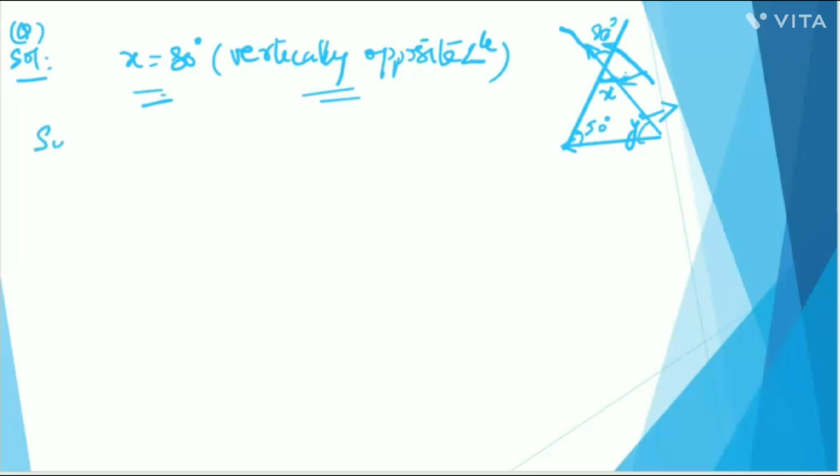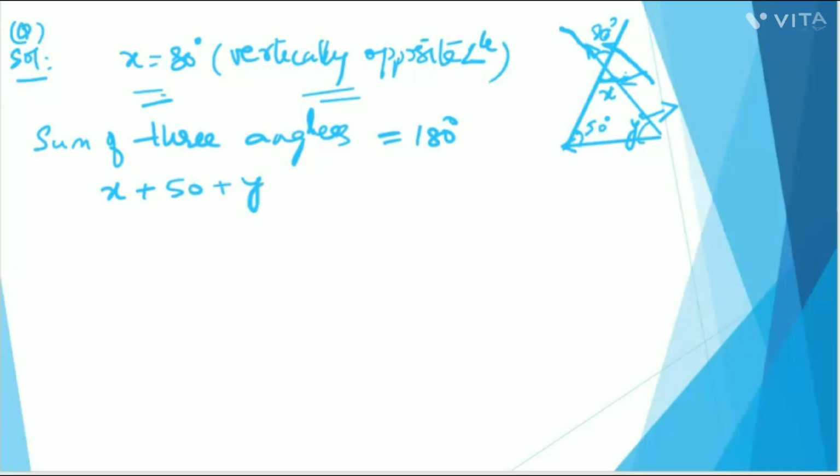Sum of three angles in a triangle is equal to 180 degrees. x plus 50 plus y is equal to 180 degrees.